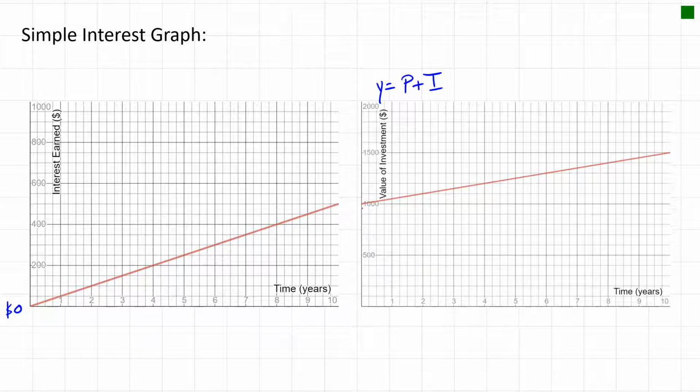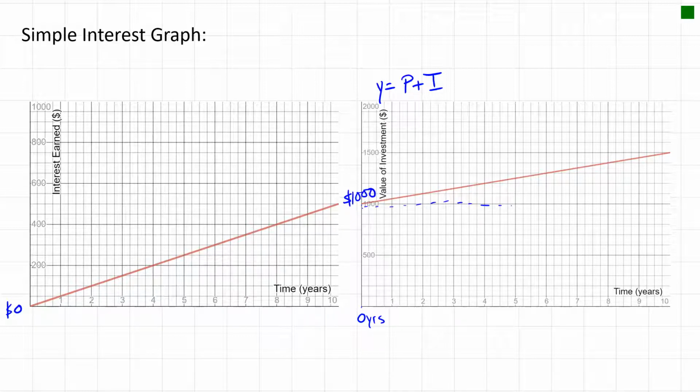Then at the very beginning, at 0 years, we have a $1,000 beginning investment. And it goes up $50 per year, the same amount for 10 years.